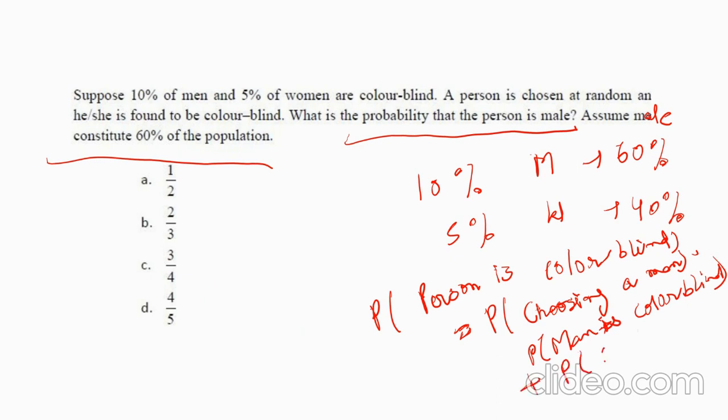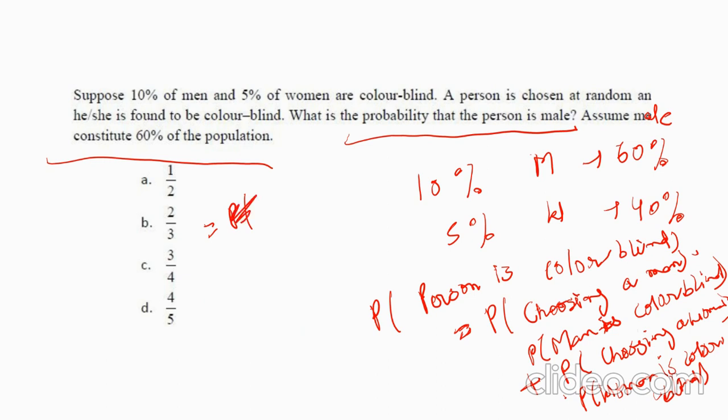Similarly, we have the probability of choosing a woman into the probability that the woman is colorblind, right?